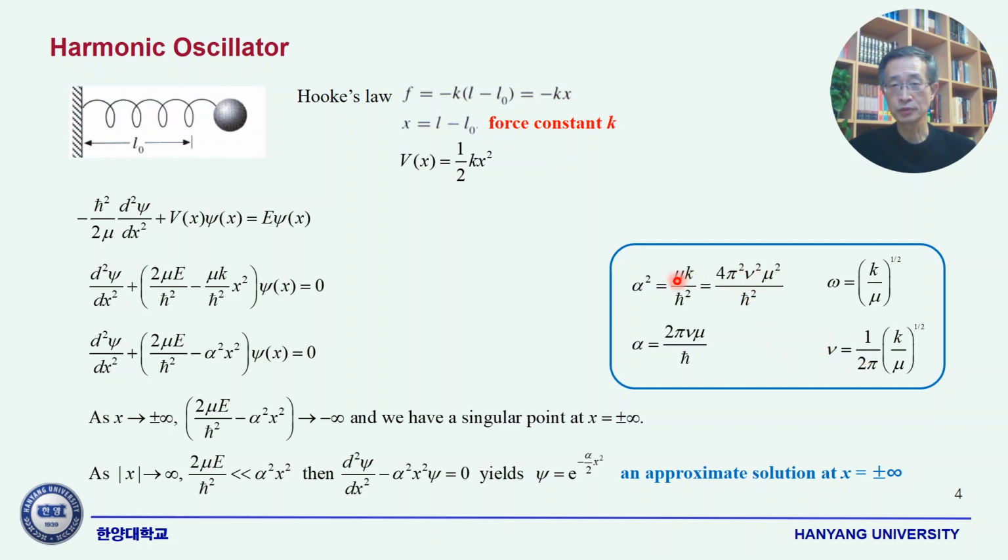But there is another mu, and then over h bar squared. Then alpha is the square root of this, so 2 pi nu mu over h bar, that's alpha. Remember this, and you will see what's coming later. So this is the differential equation you are going to solve.